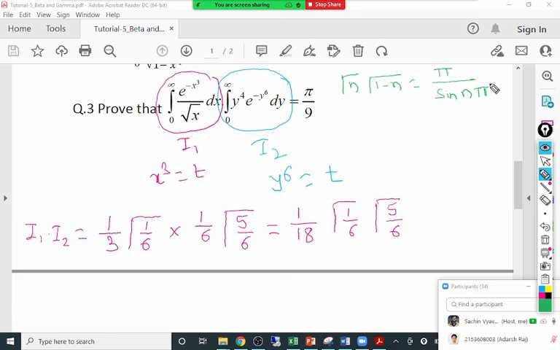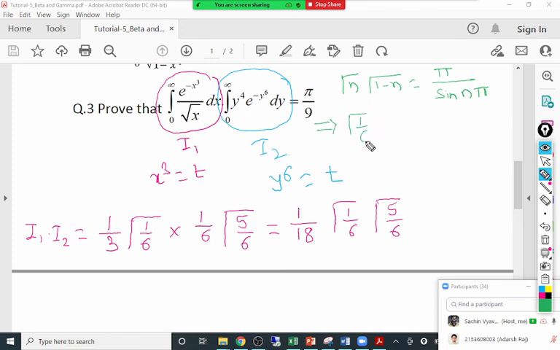This is one of them. There is also a duplication formula, but no need to go into the detail, because that depth is not in our syllabus. So we consider this property right now without proof. Maybe there is a name for it, like Euler's property. You can check that. Just replace n by 1 by 6.